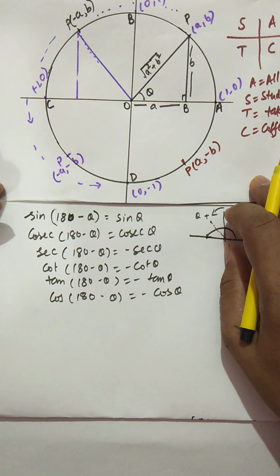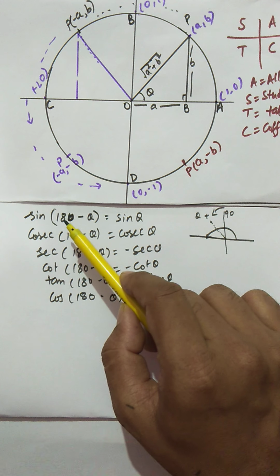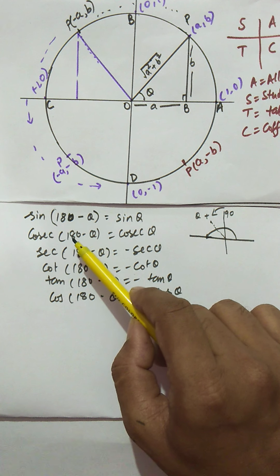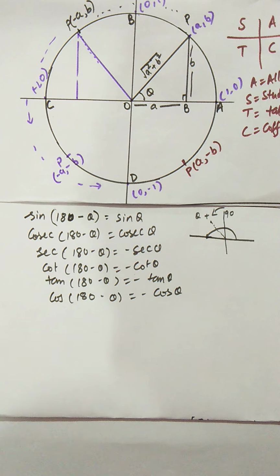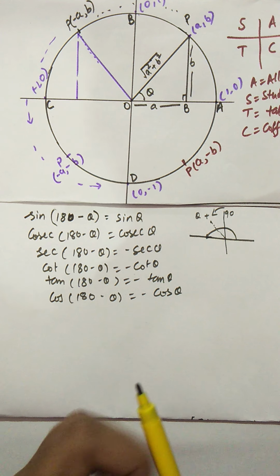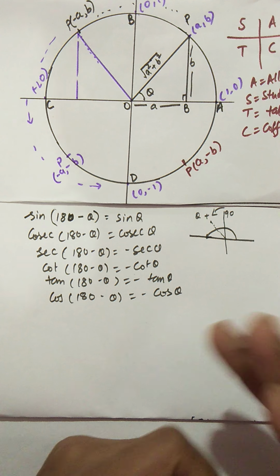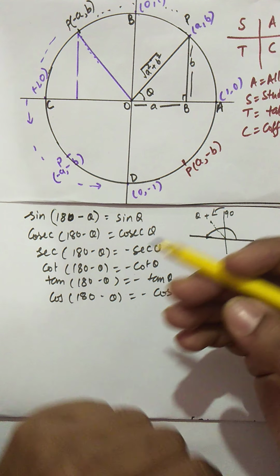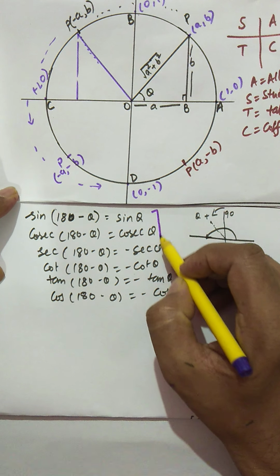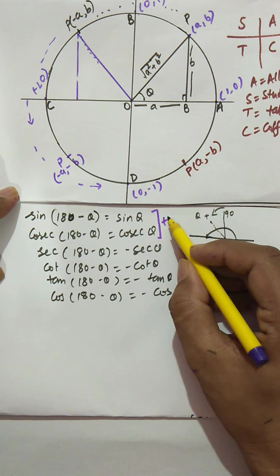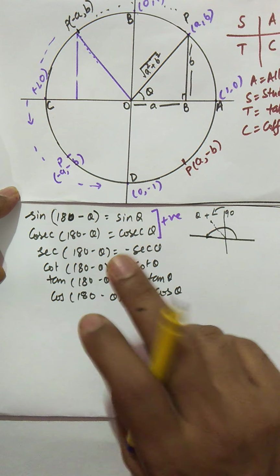So this way, when I take the base angle as 180, you can see a very important observation. All things can be verified by taking some examples. It will take a lot of time, so we are just explaining with some examples. So these two are positive and the rest are negative. What is the important thing to observe here?